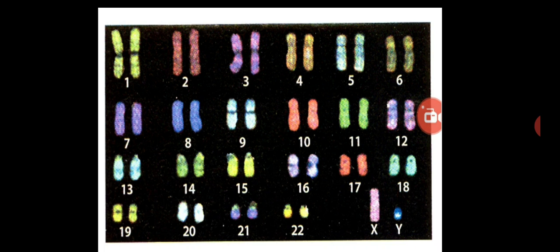That is why we write 2n equals 14, which means n equals 7. So 7 is the basic set of chromosomes of Pisum sativum. The basic set is also known as the genome.